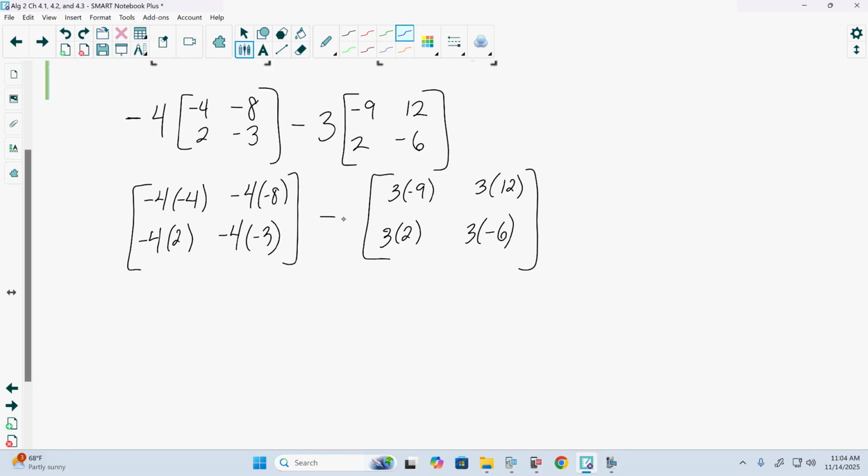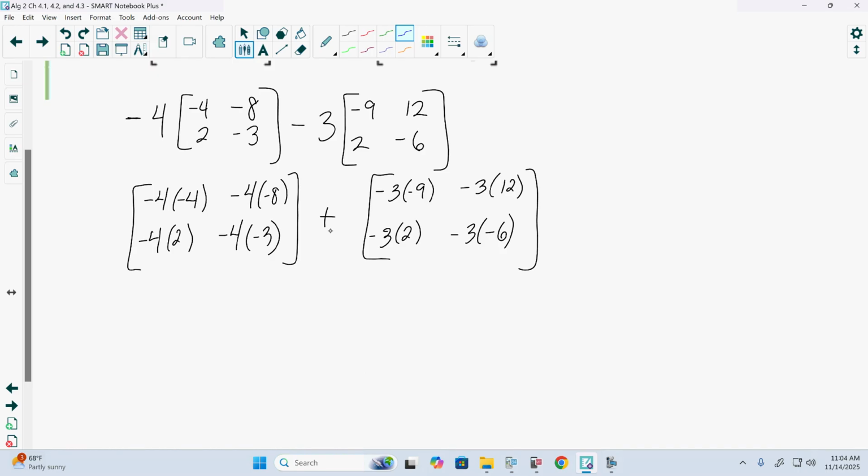The other option is we could take the whole -3, multiply it through B, or A in this case, that second matrix, yes? But since I took the negative from with the 3, that sign in the middle is going to become plus, because I took that negative away, it has to switch to plus. Does that make sense?